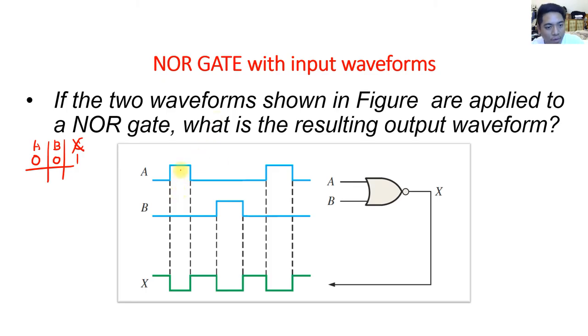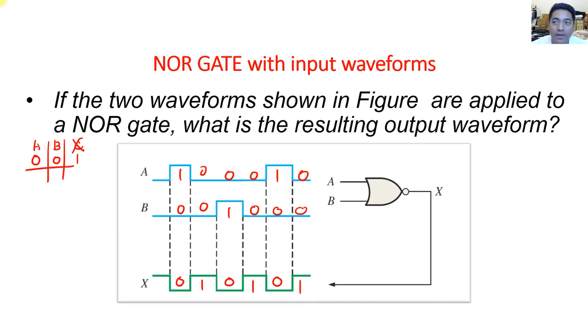If you have 1 and 0 here, the NOR gate result will be 0. You have 0 and 0 here, that is 1. You have 0 and 1 here, that is 0. You have 0 and 0 here, that is 1. You have 1 and 0 here, that is 0. And you have 0 and 0 here, that is 1. So that will be the result of the NOR gate.